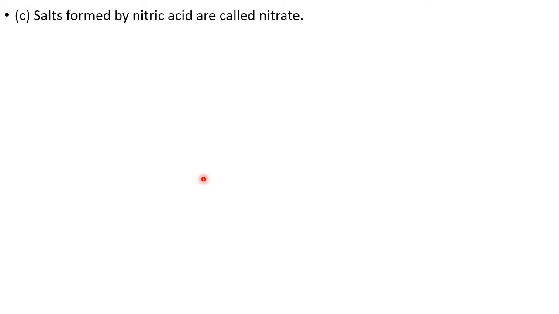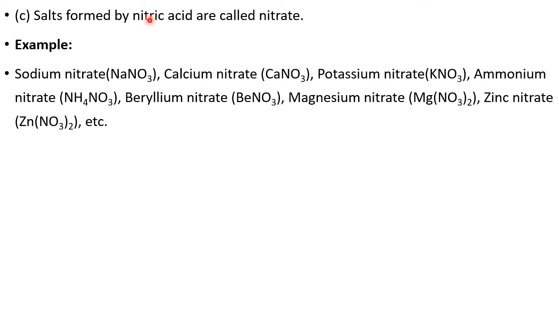Let us see. Now I am taking nitric acid as an acid. What are they called? Nitric acid contains NO3 1 minus. So they are called nitrates. Example: sodium nitrate, calcium nitrate, potassium nitrate, ammonium nitrate, beryllium nitrate, magnesium nitrate, zinc nitrate, and so on.